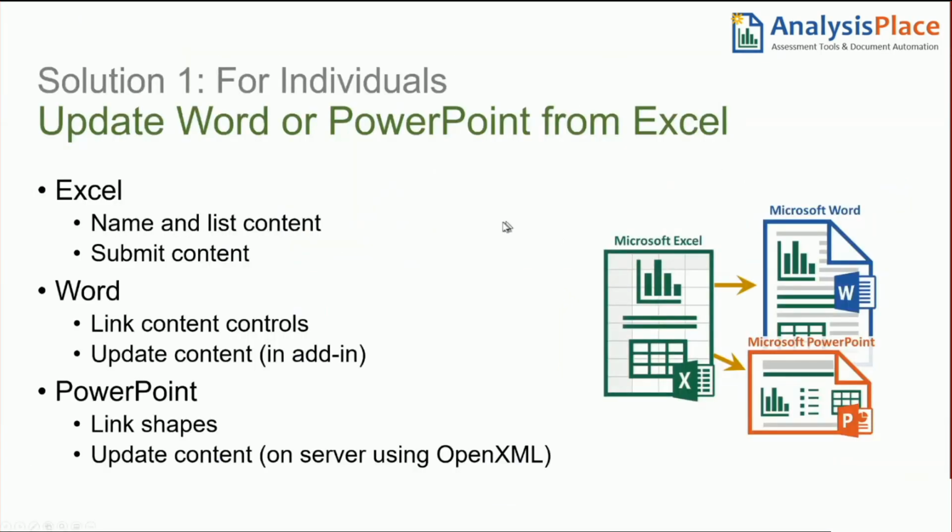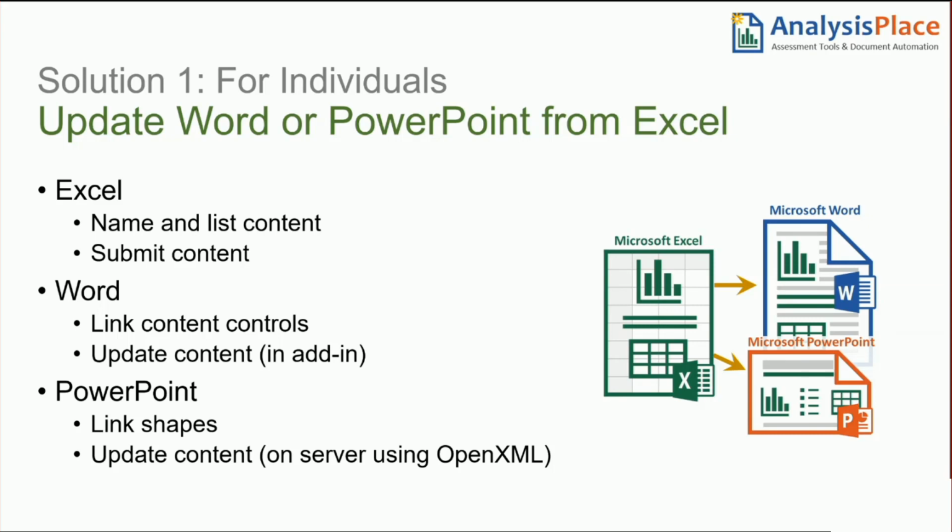So the first solution for individual professionals focused on updating Word and PowerPoint content from Excel-based content. Within Excel, you name and list content and then submit the content so that it is available to both Word and PowerPoint. Then on the Word side, you link the content, which is within content controls, and update the content within the add-in.